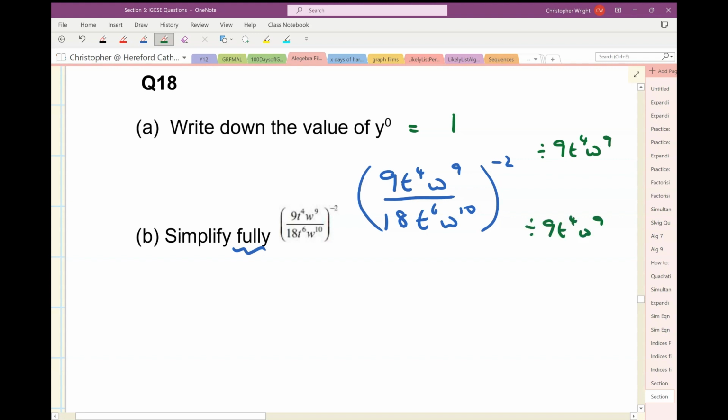I'm going to simplify the fraction within the bracket. So I'm still going to have a fraction to the power of minus 2. But what's my fraction going to be now? The top divided by 9t to the 4w to the 9 is 1, and the bottom divided by 9t to the 4w to the 9 is 2t squared w.